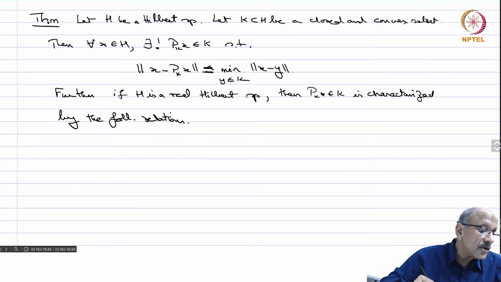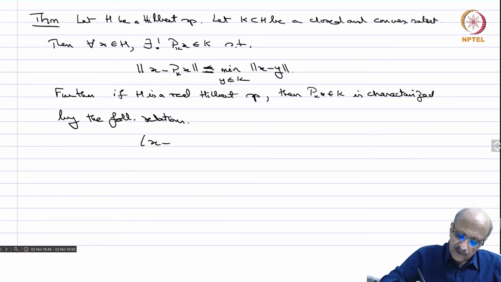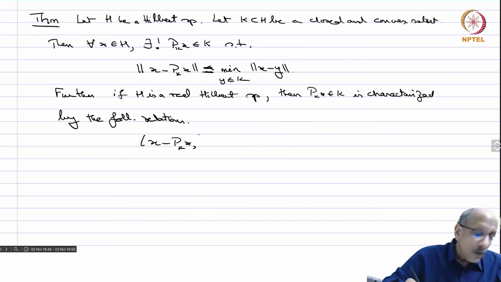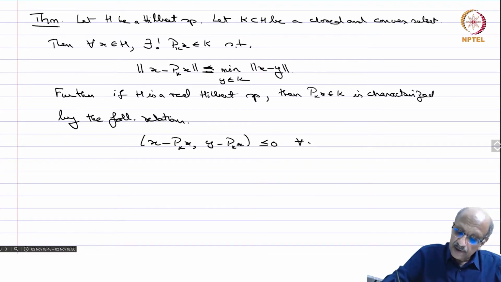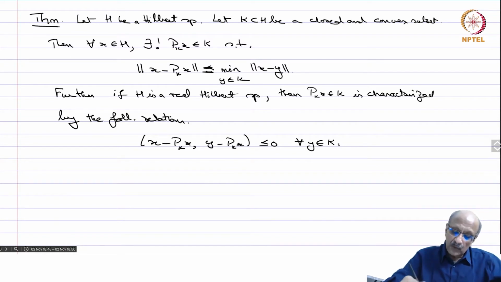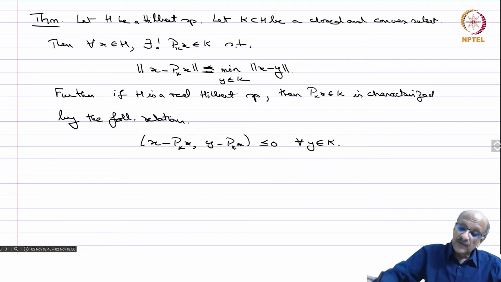Okay, what is the relation? The inner product of x minus P_K x and y minus P_K x is less than or equal to 0 for every y in K. So whatever y in K may be, this inner product should always be non-positive, and there will be only one point which satisfies this. Okay.